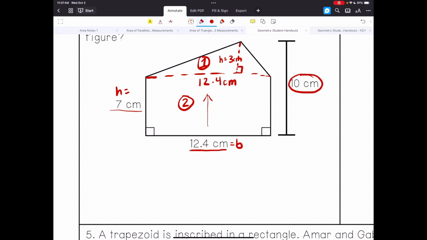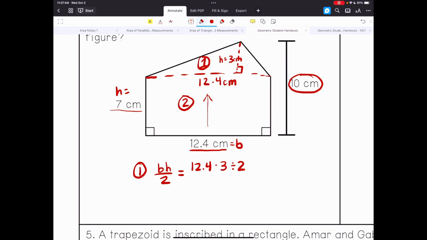So shape 1, I need to use base times height divided by 2 as my formula because it's a triangle. So we're going to do 12.4 times 3, and then we're going to divide all of that by 2.